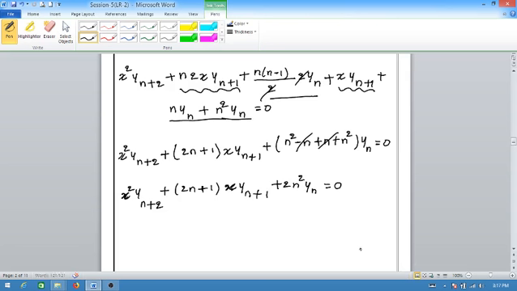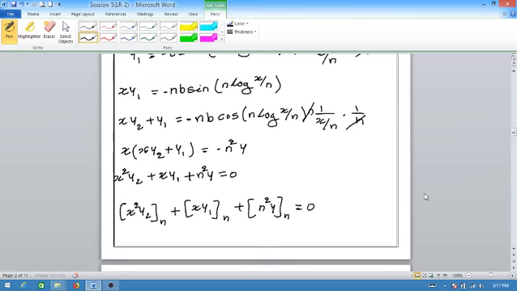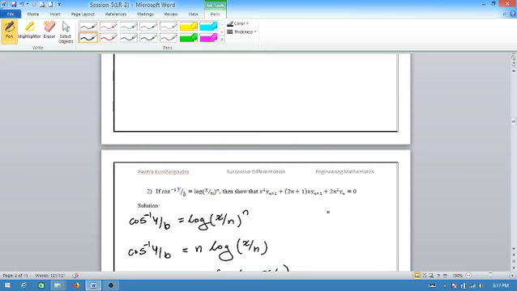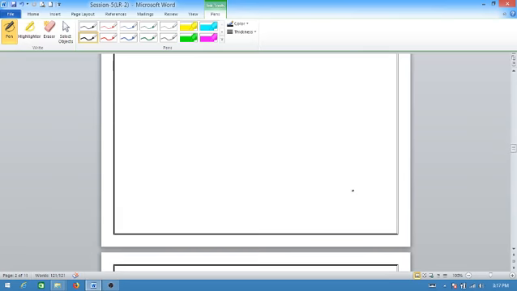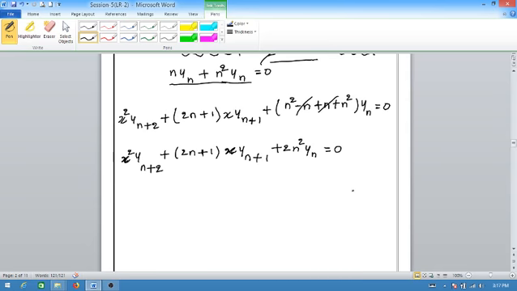So this is the required result. You see here x square into yn plus 2 plus 2n plus 1 x into yn plus 1 plus 2n square into yn. So you got the same result here. Right.